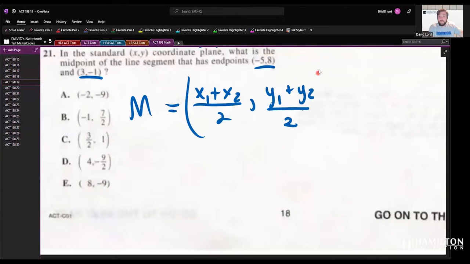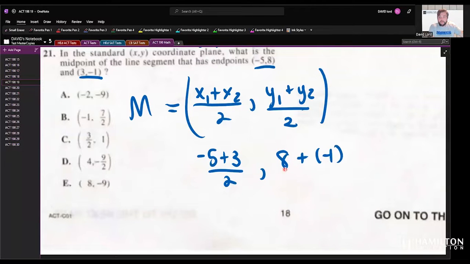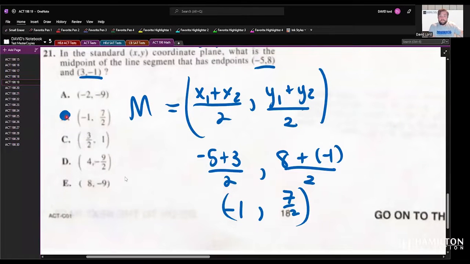And it's going to be a point, so there's an x and a y. So let's plug it in. -5 plus 3 over 2, and 8 plus -1 over 2. The left side is going to give me -1, and the right side is going to be 7/2. And that means my final answer is B.